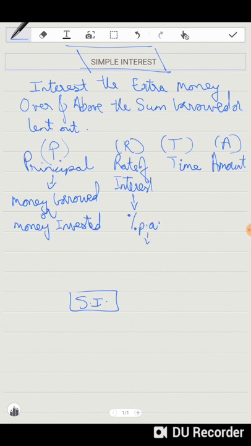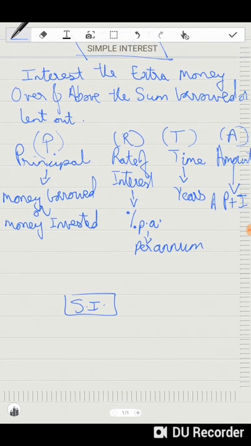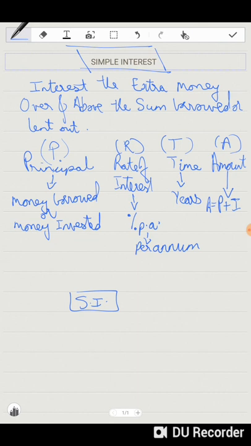Per annum means per year. Time is usually given in years, but at times they can give time in months, days, or weeks as well. Amount is nothing but principal plus my interest. Are you with me?